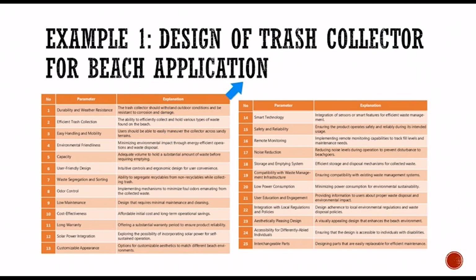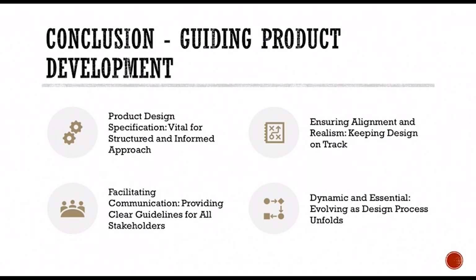As a conclusion, product design specification is vital for a structured and informed approach so that we can achieve our design objective. PDS also facilitates communication by providing clear guidelines for all stakeholders in the team, such as the designer and fabricator.